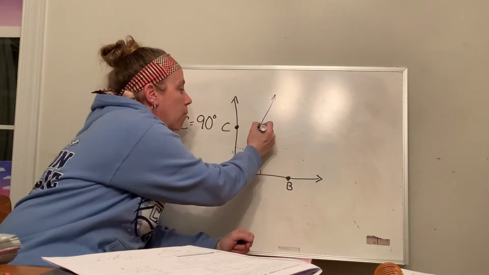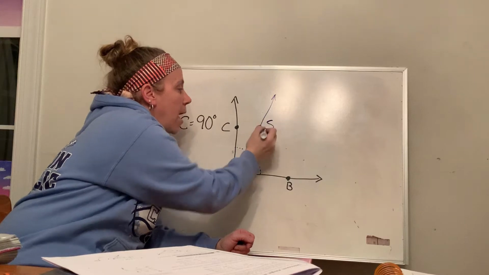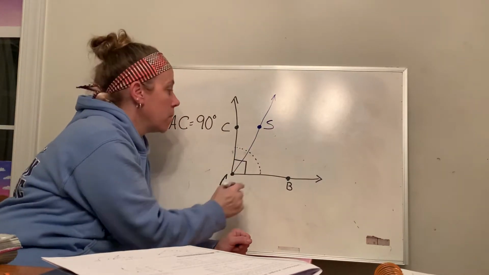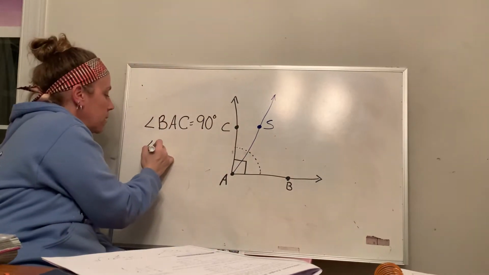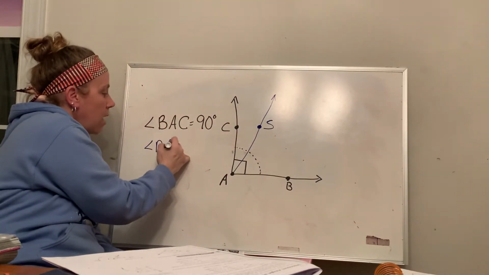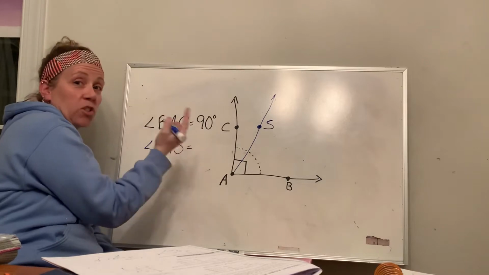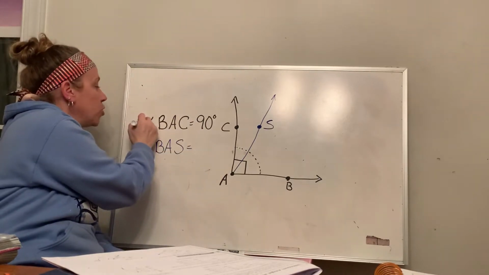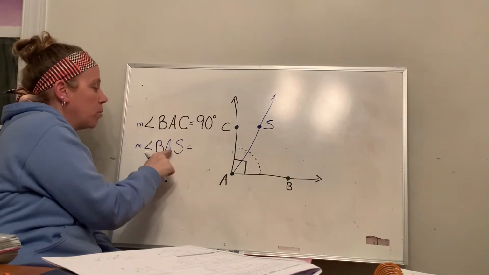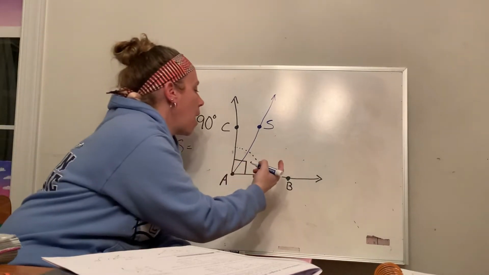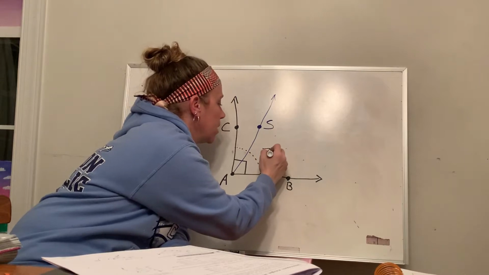We're going to call that ray S. So angle BAS. And actually, remember last lesson? The measurement of angle BAC equals 90 degrees. The measurement of angle BAS equals, I'm going to say it is 75 degrees.